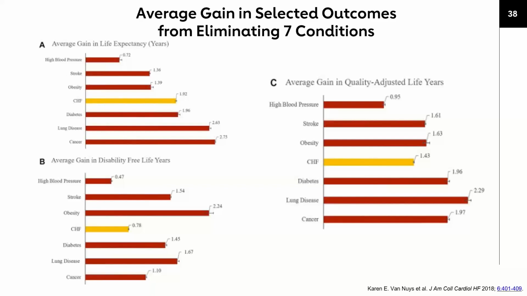In terms of disability-free lives, again, heart failure would be a real beneficiary. All of these diseases would be a beneficiary, but heart failure would be as well. And when you look at quality adjusted life years, again, heart failure would benefit. Go to the next slide.